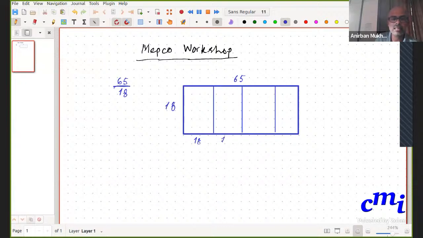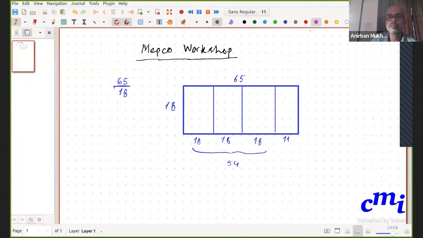So these are 18, 18, and 18, a total of 54. So this gives you a total of 54, and it leaves 11 for this part.